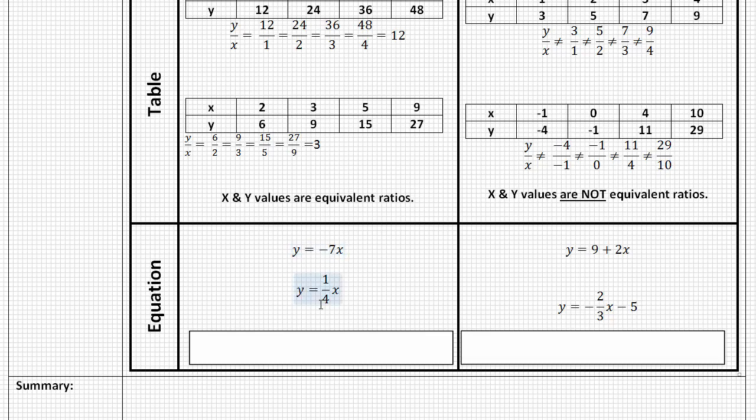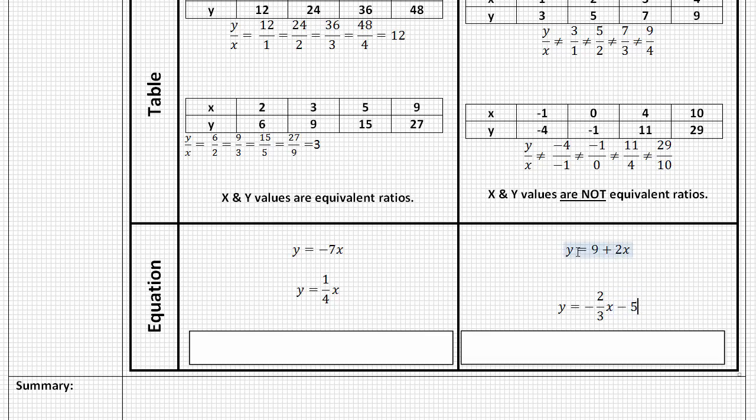So these 2 don't have a b value because they go through the origin, whereas these 2 examples, which are non-proportional relationships, are in y equals mx plus b. Again, we can see here in this fourth example, the slope is -2/3 because that's the coefficient of x, and our b value is -5, our constant.